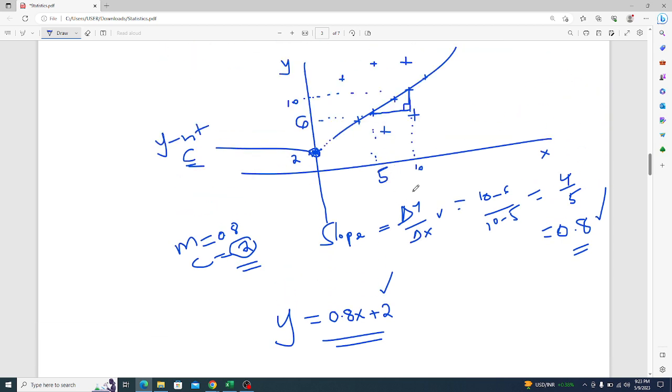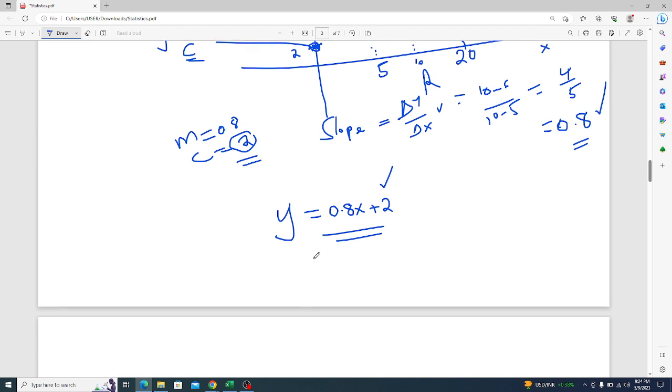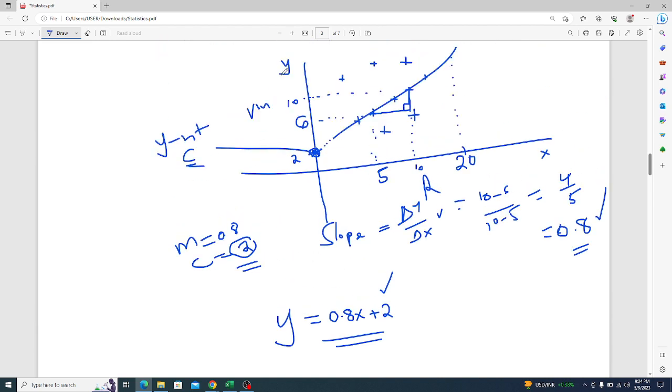Let's assume we are talking about rainfall and umbrella sales. Let's say we are expecting the amount of rainfall next month to be 20 millimeters. So what will be our projected umbrella sales?